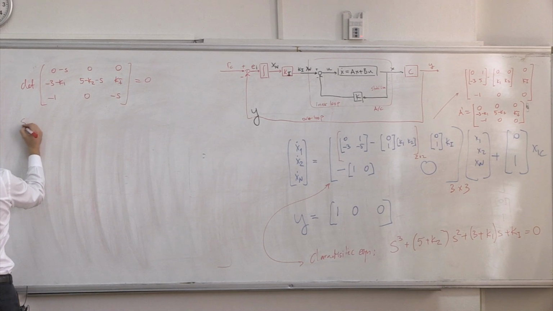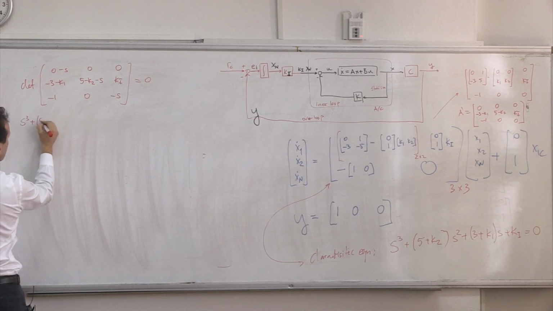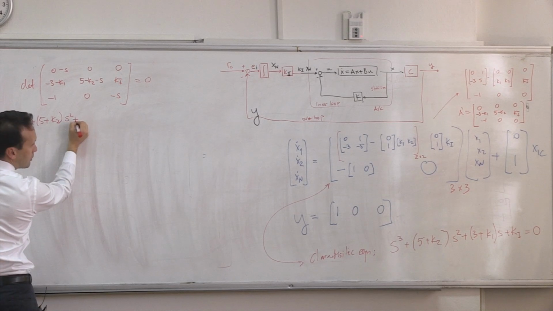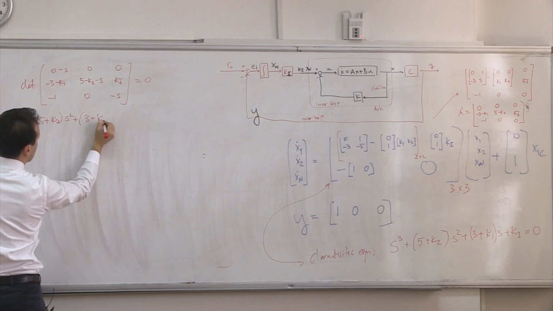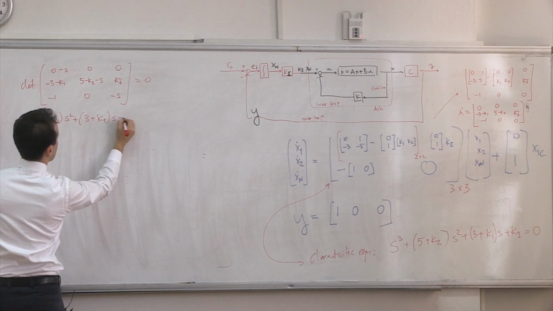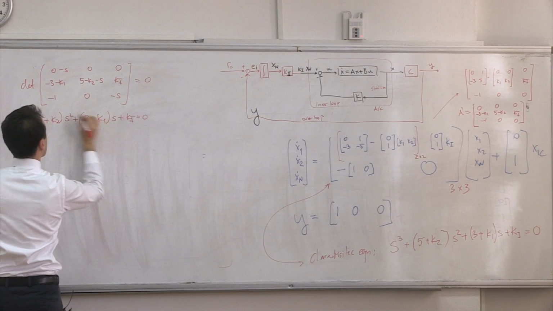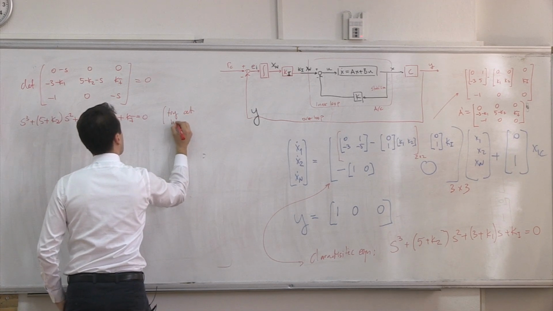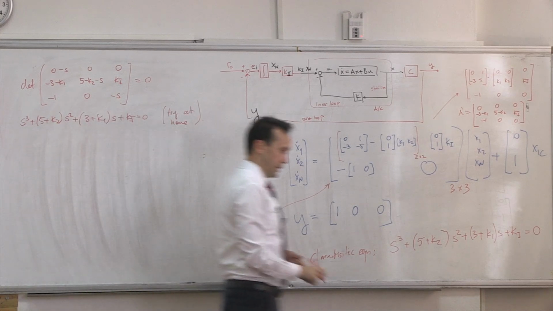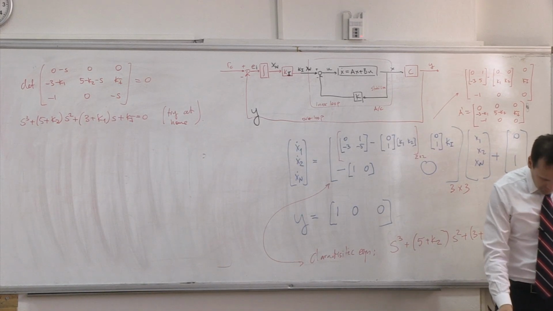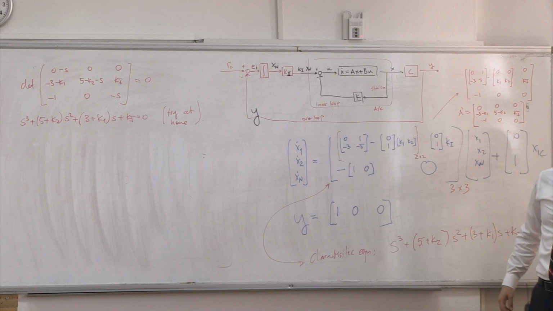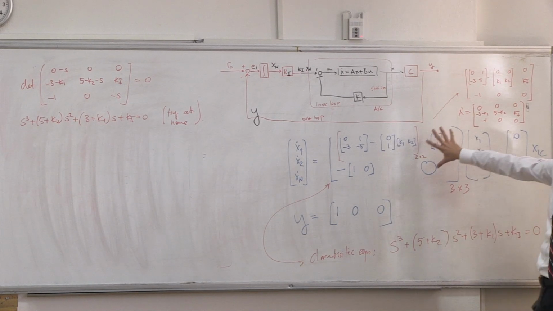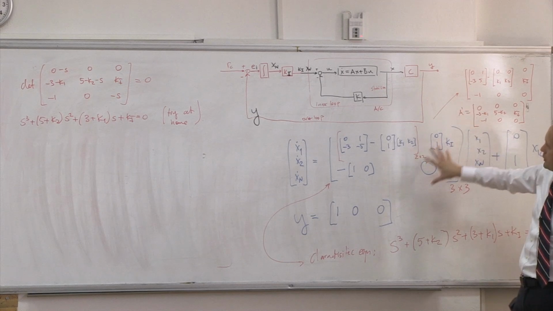And the result is S cubed plus 5 plus K2 S squared plus 3 plus K1 S plus Ki equal to 0. And please try this at home, if you can obtain that. At least this is what I found here. All right, it's basically this one. This is that, this is this, and you find it.